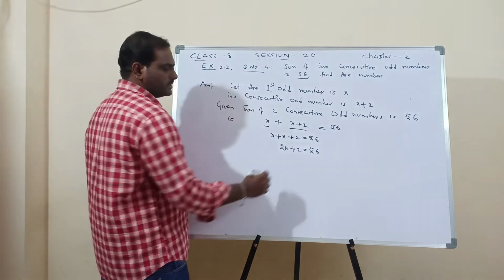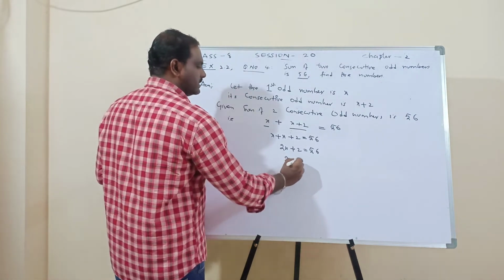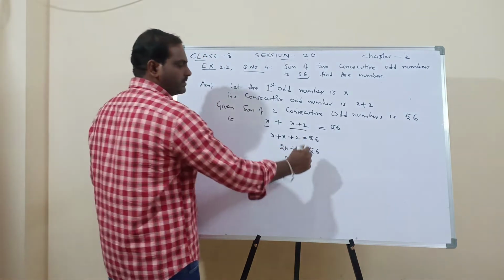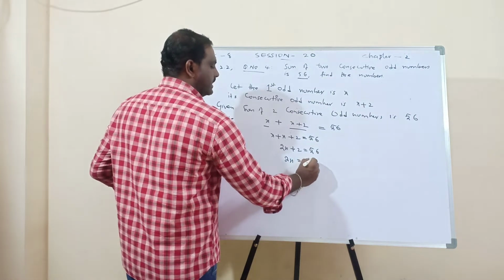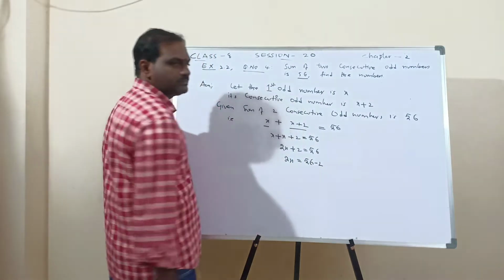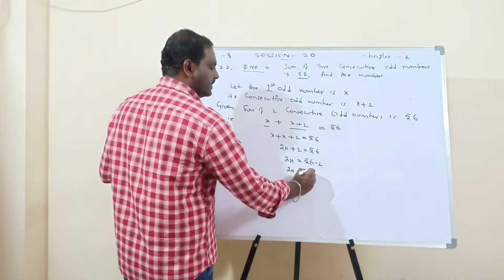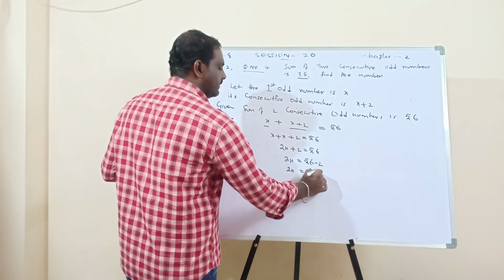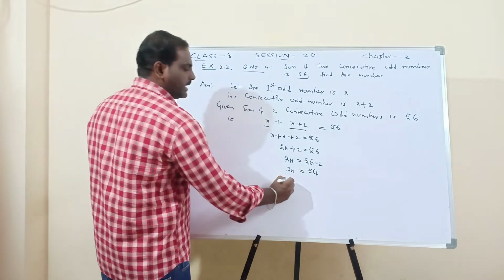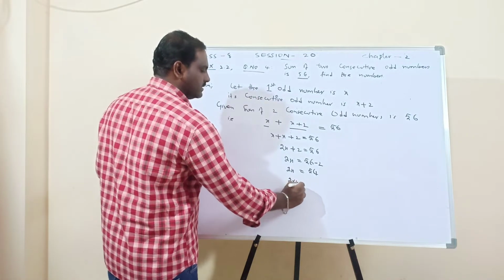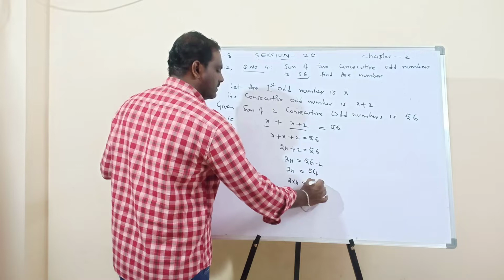Now we have to go for the transpose. That is 2x is equal to 56, and the plus 2, if you go that side, will become minus 2. So 2x is equal to 56 minus 2. It is 54.